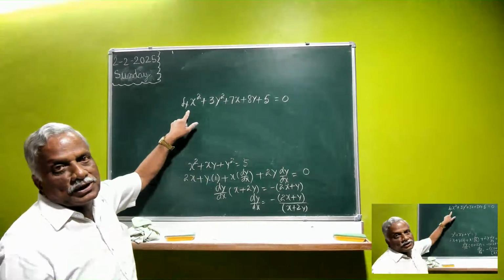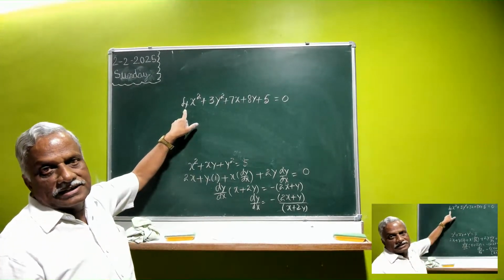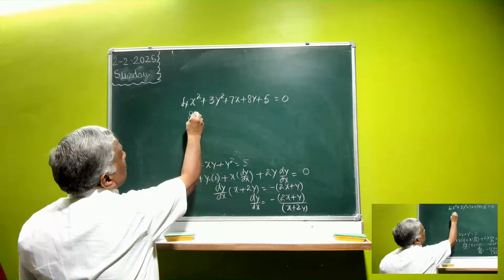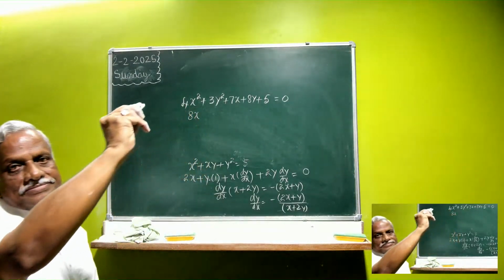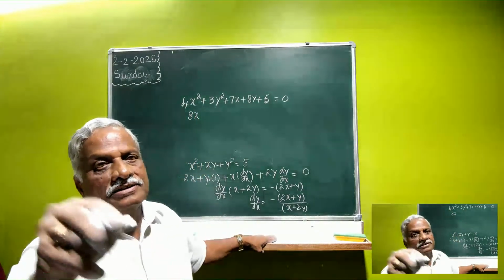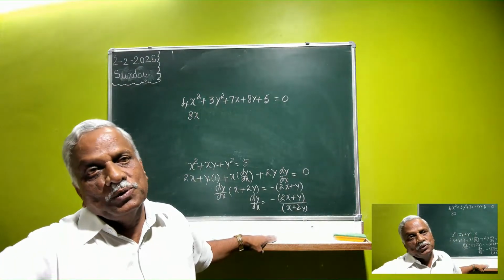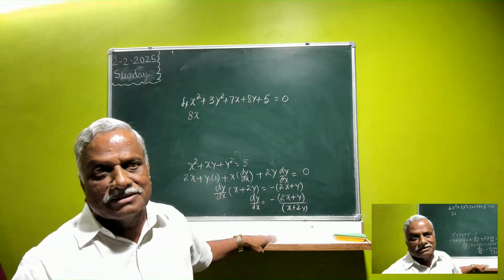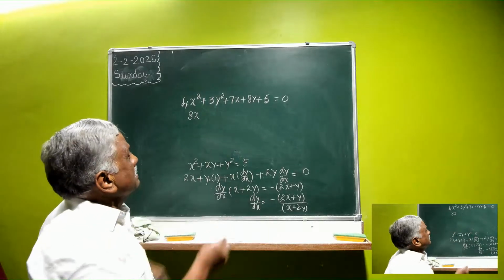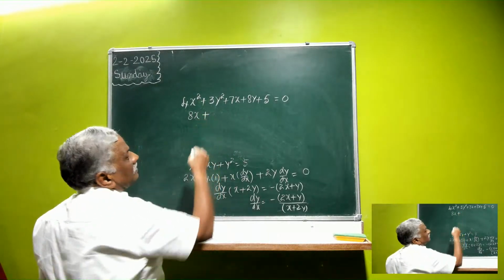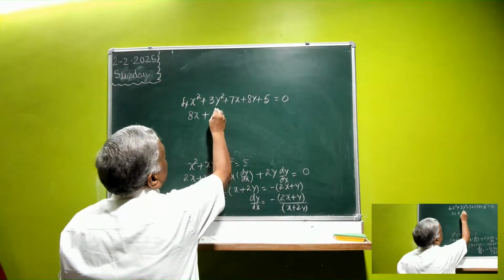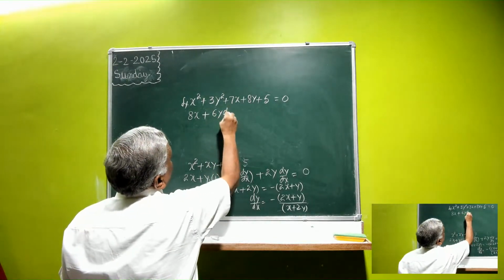Now I differentiate 4x square. 4 is a constant, x square is 2x. So with our experience, we can write this directly. How we used to do earlier? 4 bracket x square is 2x to the power of, all that is not required now because we have gained some experience. Plus 3 is a constant, y square is 2y, 6y dy by dx.